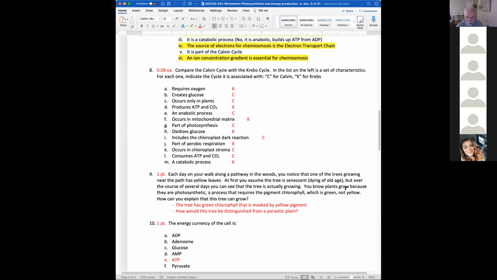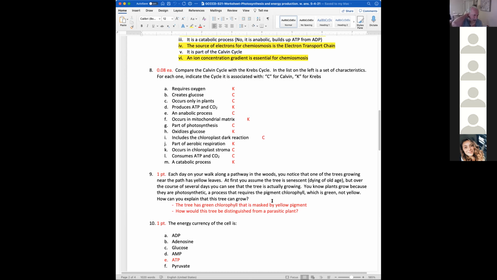Okay, the next one, you see a yellow tree. And the question is, how can you explain that this tree is not dying? It's actually growing. And what I was looking for here is that this is really a green tree that has its chlorophyll masked by a yellow pigment.